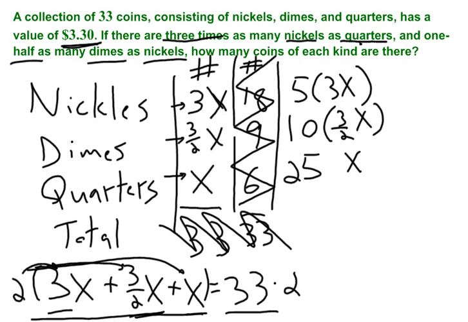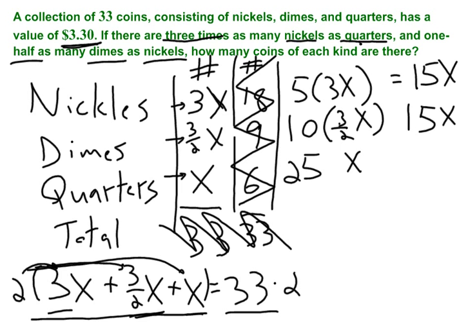And we could simplify these. 3 times 10 is 30, and half of that is 15. Wait. Should we get the same amount here? Oh, so we can't get the same amount because that's the value.